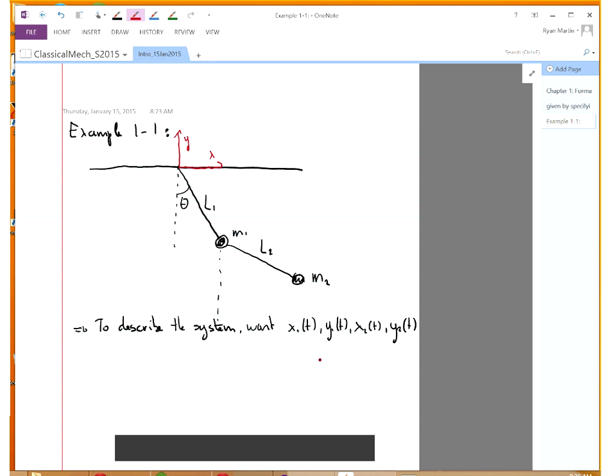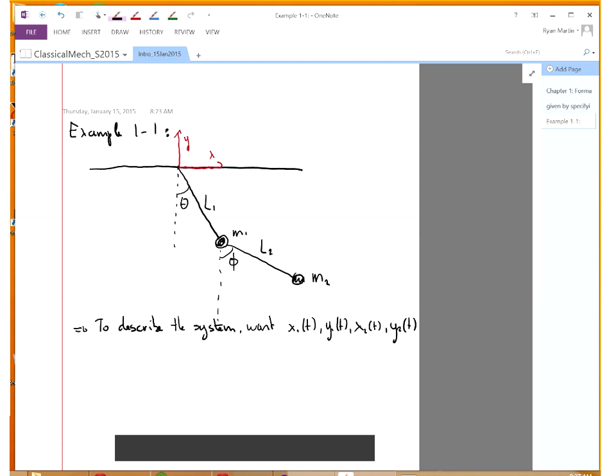Okay? So the system's current state is described by specifying those four numbers, and the evolution through time is determined by specifying how those numbers evolve with time. So how would you solve this problem in vectorial mechanics?